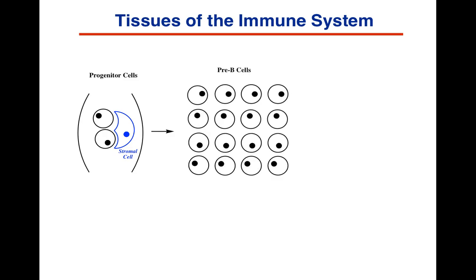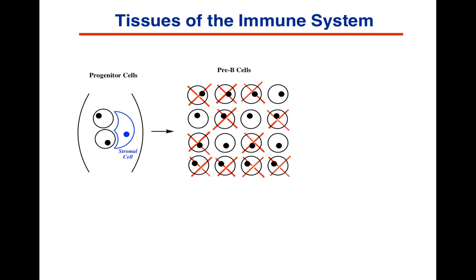Those progenitor cells will proliferate into pre-B cells. These are cells that are not quite B cells yet, and you'll see proliferation into a number of these cells. Each one of these pre-B cells is going to display a particular antibody on its surface that will recognize a potential antigen.